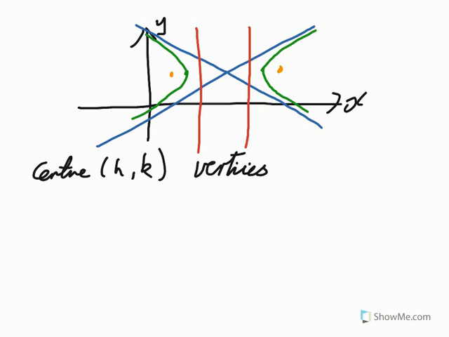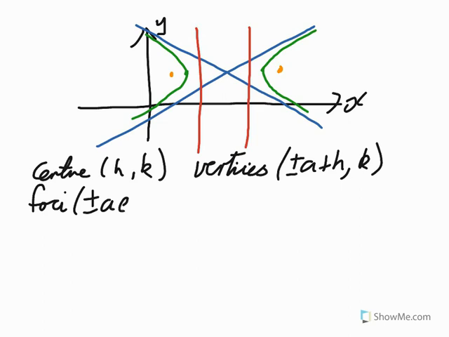So we got vertices at plus or minus a plus h and k. We've got foci at plus or minus ae, then the translation plus h and k.